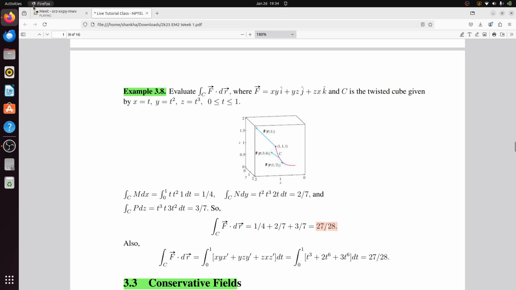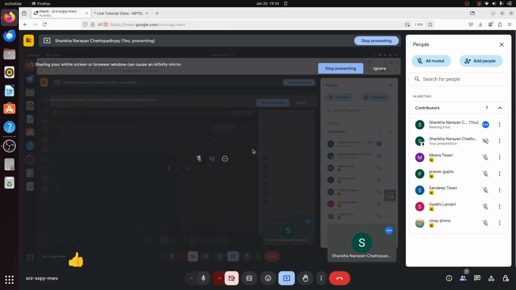Is it clear to other persons also? Pranab sir, is it clear? Pranab Gupta sir, is it clear? Okay. Swati ma'am, is it clear? Clear hai sir. Okay, okay.